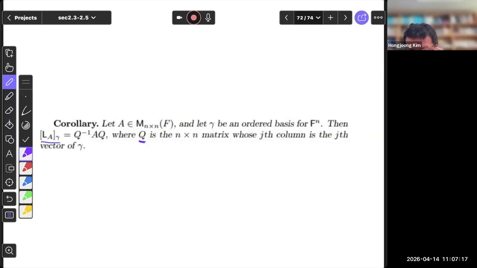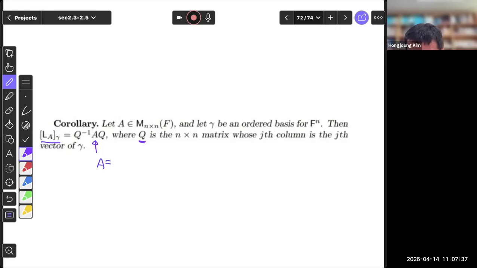So the matrix representing this left multiplication by A with respect to this new basis gamma can be obtained from the matrix representing this transformation with respect to the standard basis, right?